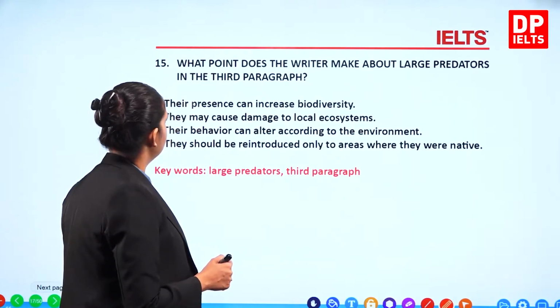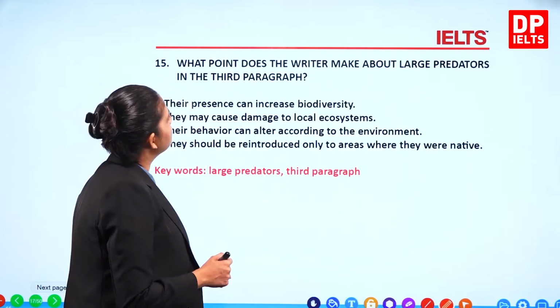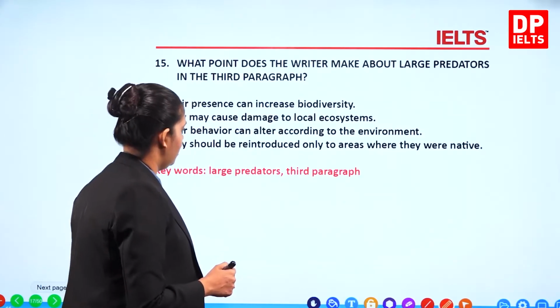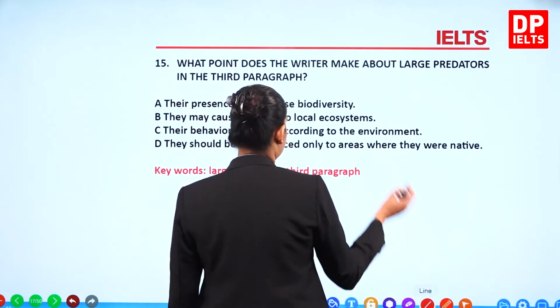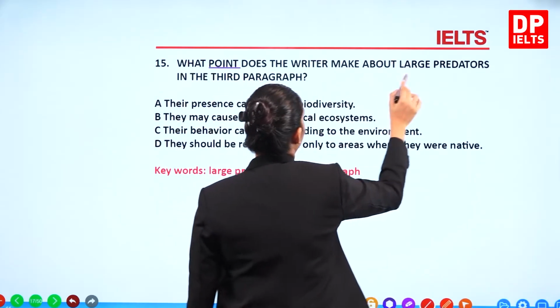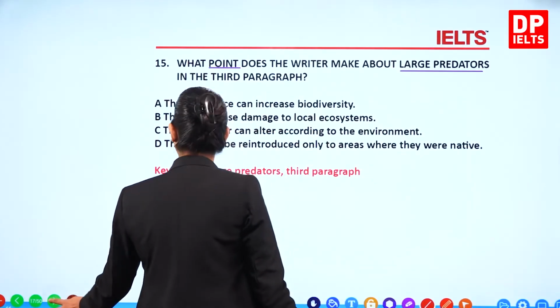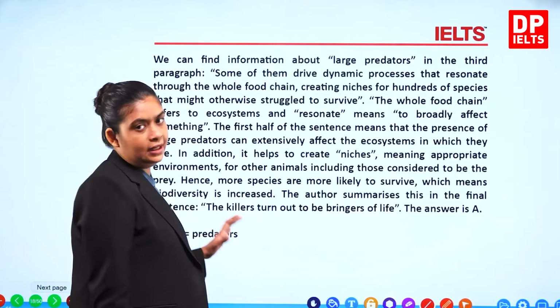Question number 50. What point does the writer make about large predators in the third para? Okay, so point, large predators, third para. Now let's go and read where we find the answer.